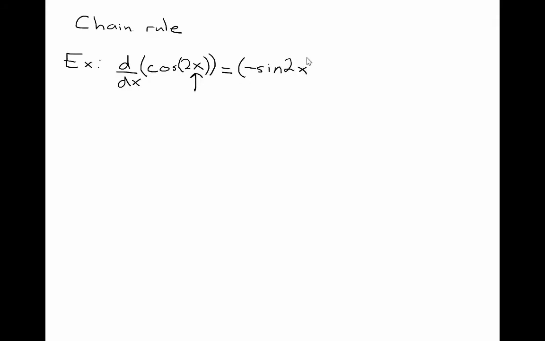Then we multiply that times the derivative of the inside function. The derivative of 2x is 2, so we're multiplying by 2. So the derivative is minus 2 times the sine of 2x.